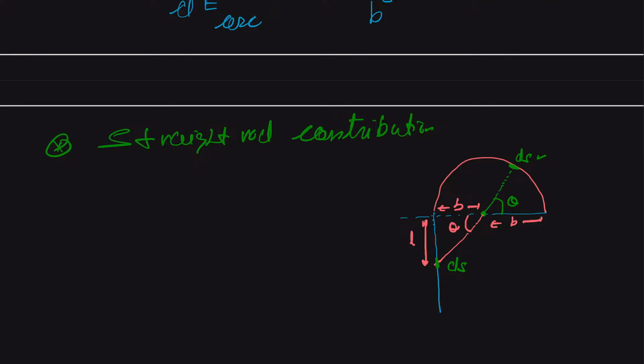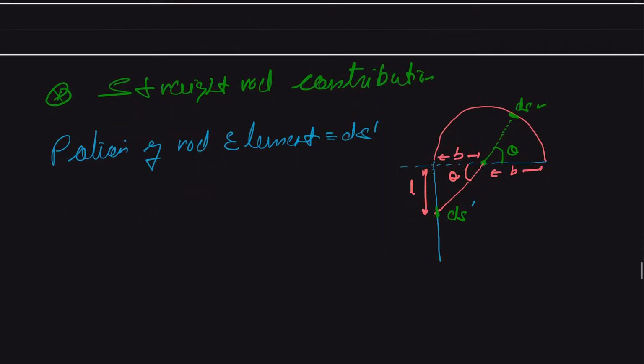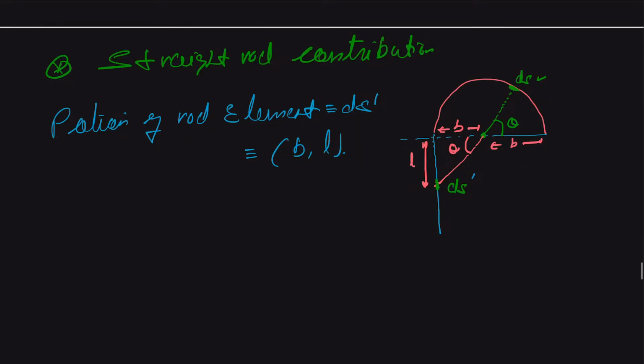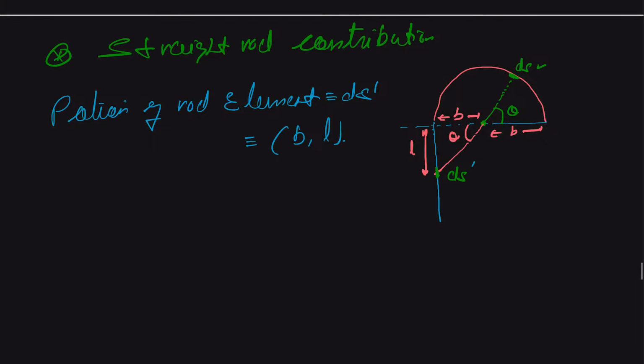Therefore we can say that position of the rod element, let us call this ds prime, will be equal to b comma l. Okay. And now we can find out vector to c. C is our center.